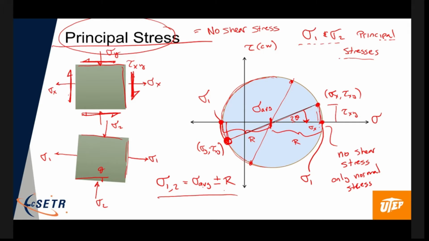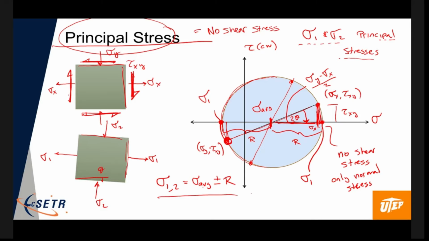Now we can also get the angle, right? Because we know this distance here, and we know the height, okay? So remember, this distance here is sigma y minus sigma x over 2. It's like the absolute value of that, right?